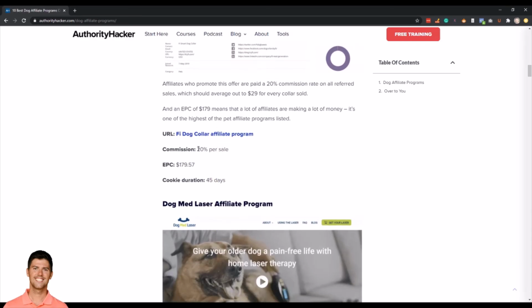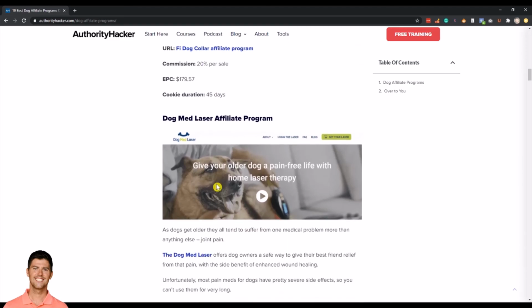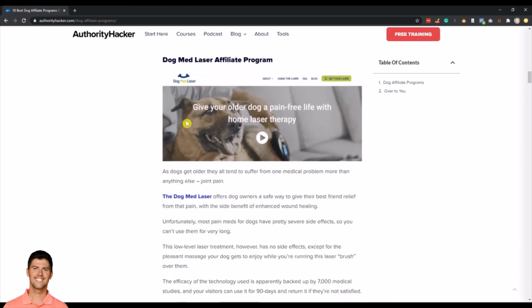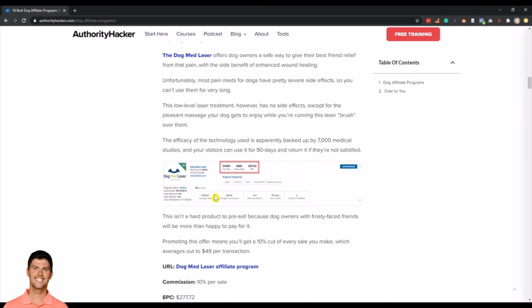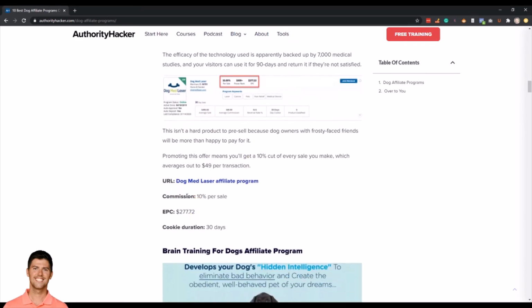It's 20%. You're never going to get that with Amazon. Amazon's actually pretty stingy, and they've cracked down on their affiliate percentages, which I think is a little BS, but I won't get into that. And also, we can keep going down and look at more and more of these. 10%, EPC of 277. So these are high-end products.